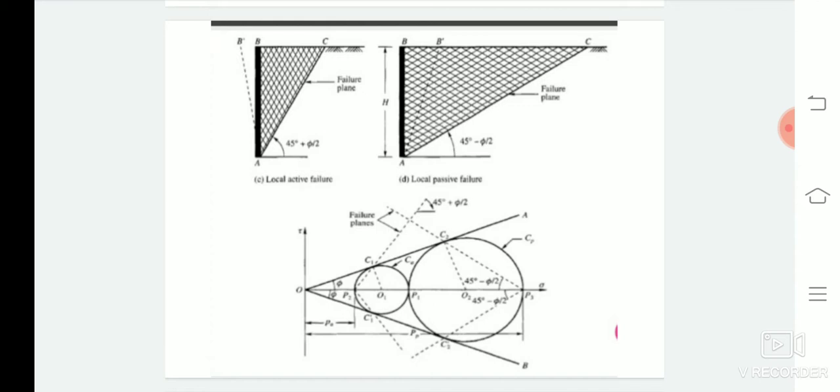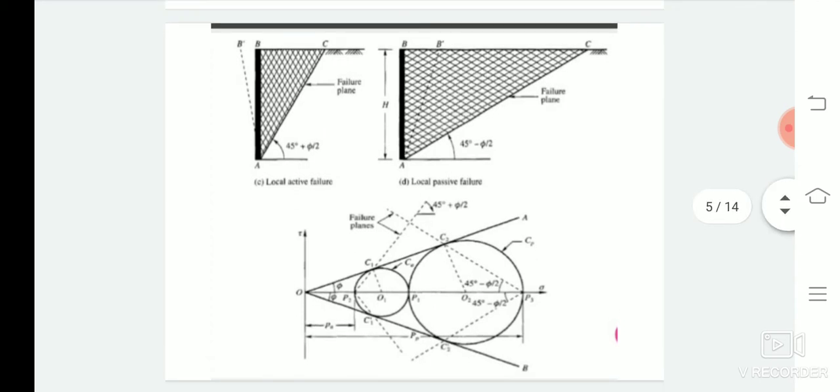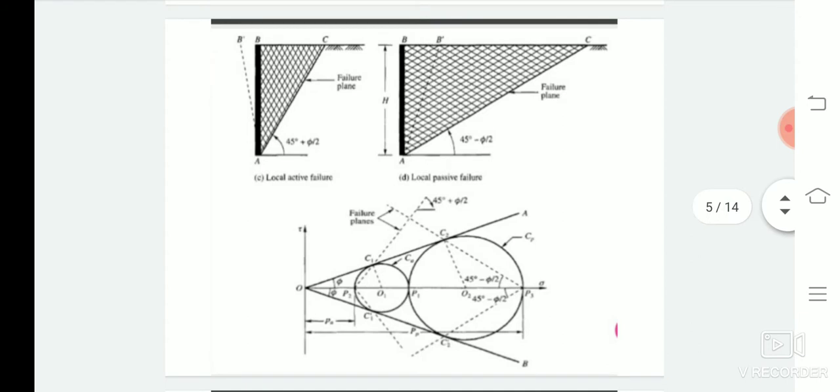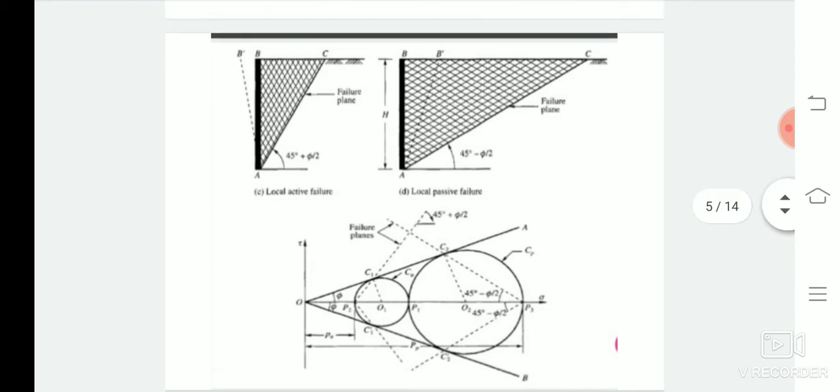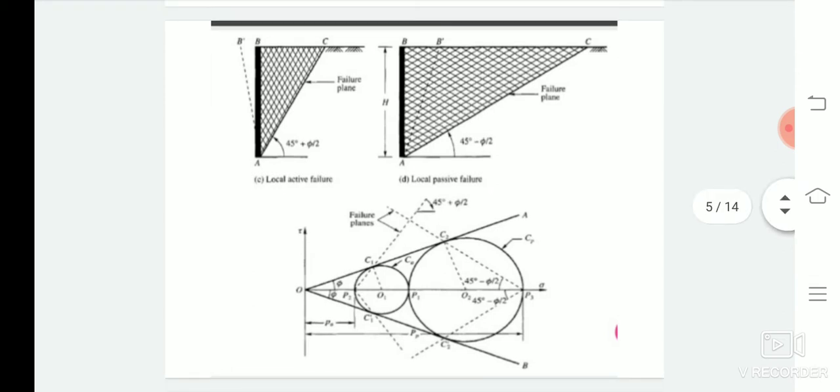The theory on which the computation of stress in plastic equilibrium is established is based on the theory of plasticity. The theory of plasticity pertaining to soil is mainly based on the Mohr theory of rupture. A body is said to be in a state of plastic equilibrium if every point of it is on the verge of failure.